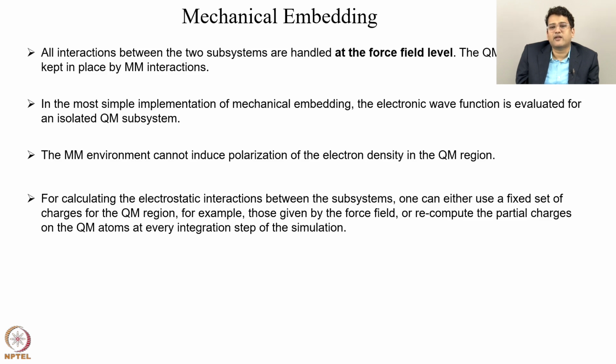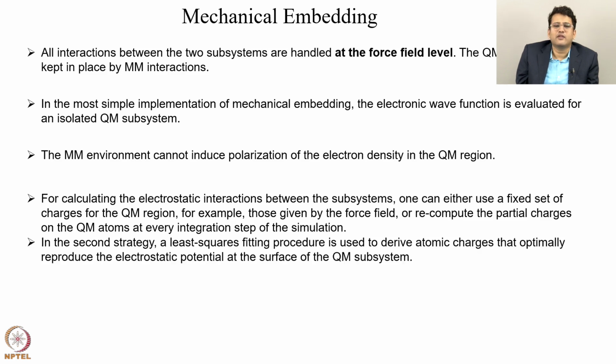One can either use a fixed set of charges for the QM region given by the force field, or one can recompute the partial charges of the QM atoms at every integration step of the simulation. Basically I am calculating the wave function anyway, so I can use a least square fitting procedure to derive the atomic charges that optimally reproduce the electrostatic potential at the surface of the QM subsystem.